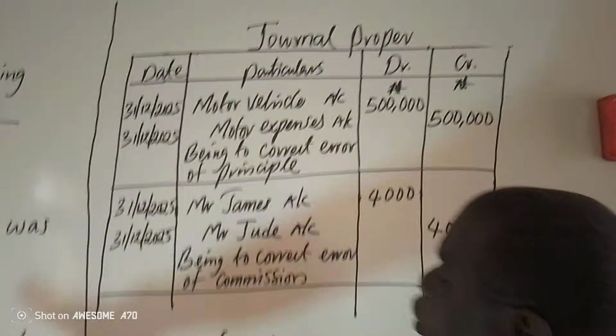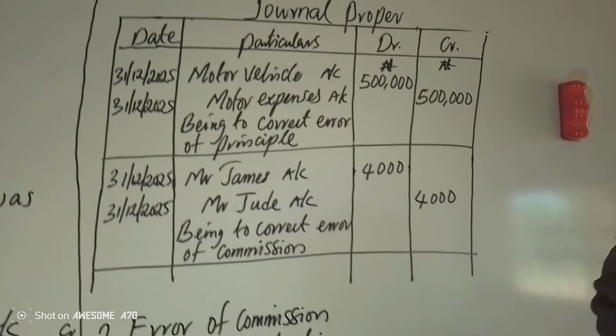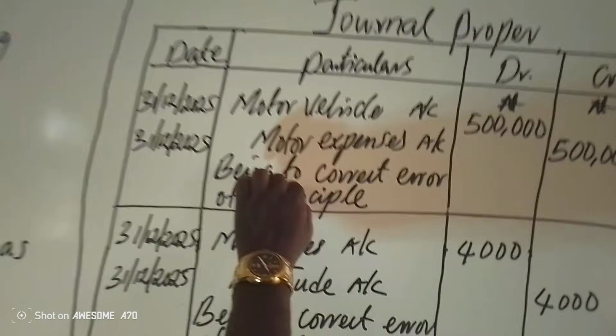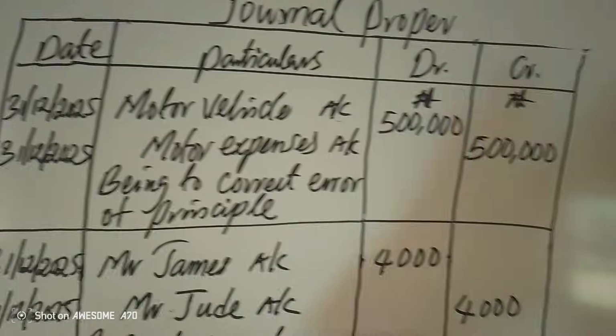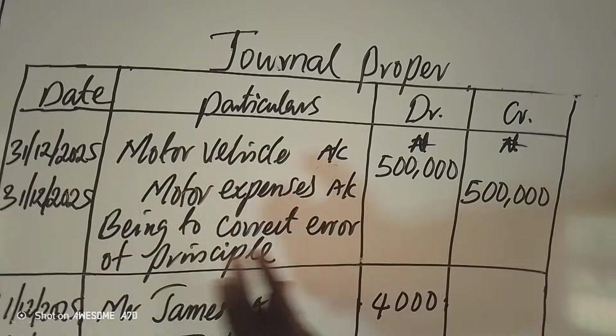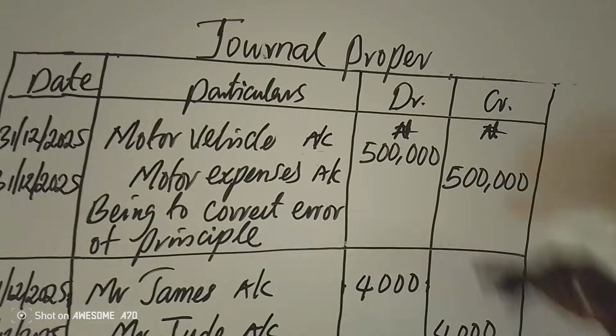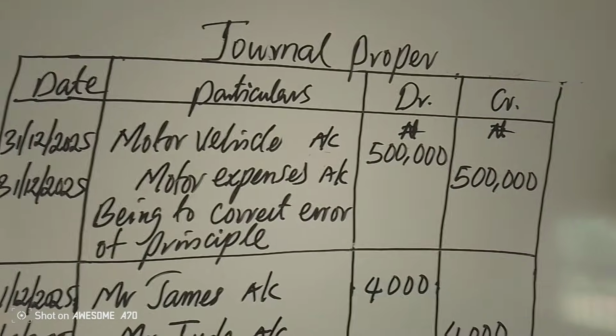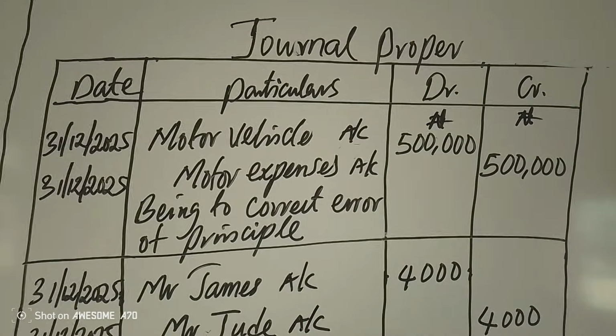In this case, we know very well that this type of error is error of principle, so you say "being to correct error of principle", and that ends the story. Then you draw a line to close the transaction, giving way to another error to be recorded. This is how error of principle is corrected in the journal proper.